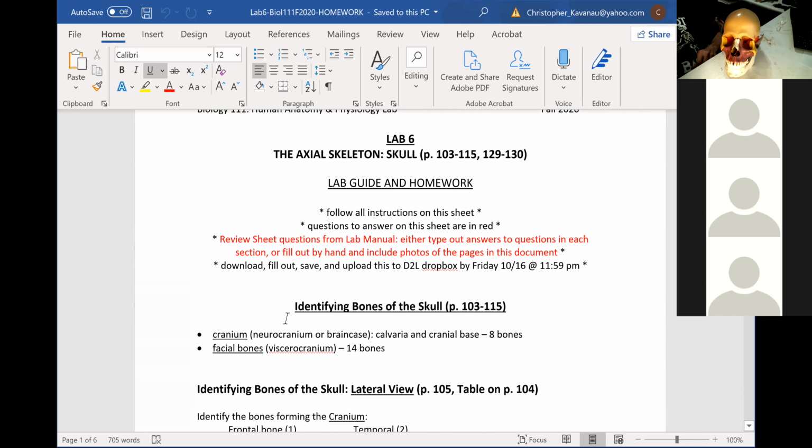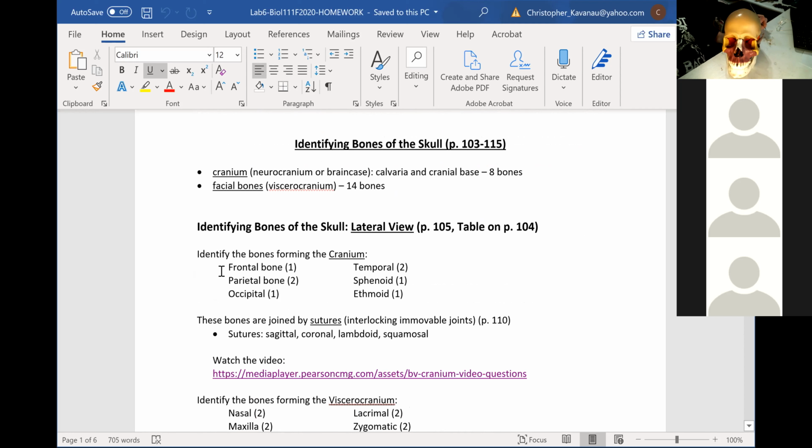So we looked at the cranium, which protects the brain. So your brain case. We looked at the facial bones. And then from the lateral view, you want to make sure you can identify these bones. So you have the 2 temporal bones. You've got one here. You got the sphenoid bone here.